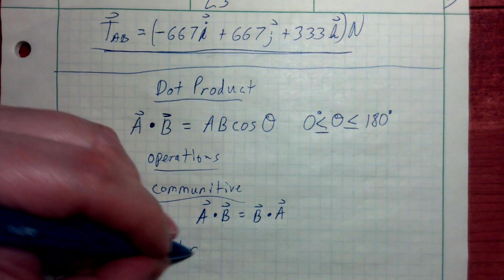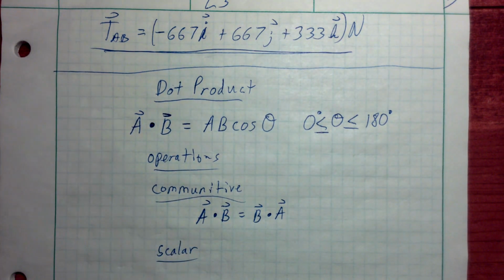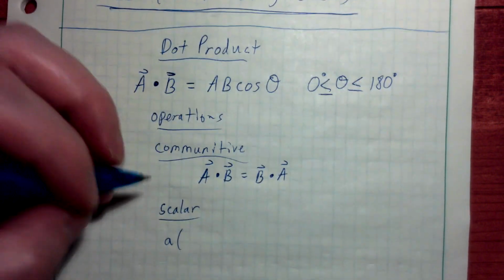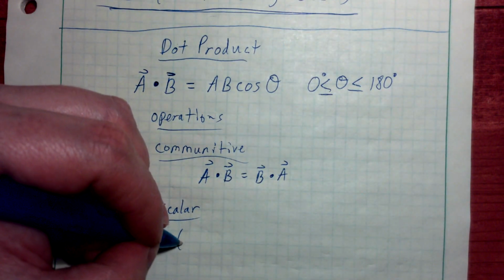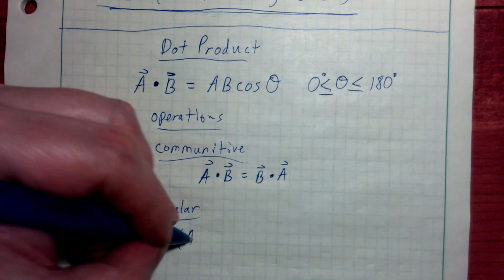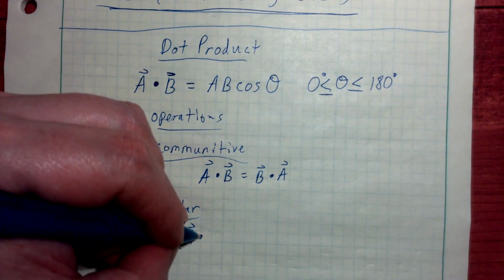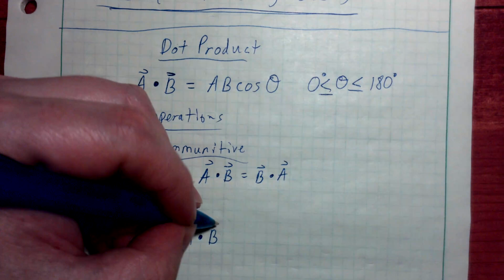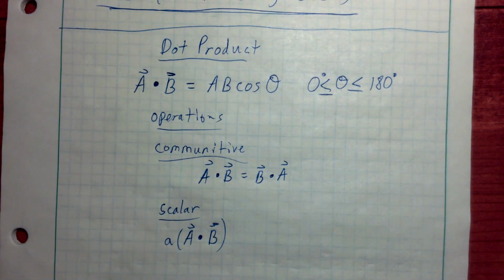You can scale the vectors, meaning that if I take some lowercase a, some scalar quantity, and I multiply that scalar by the dot product of A and B, then that would be the same.